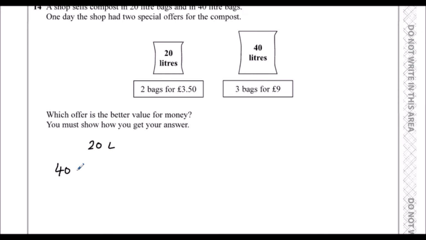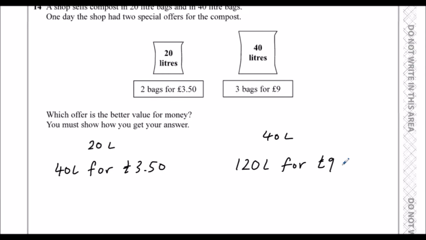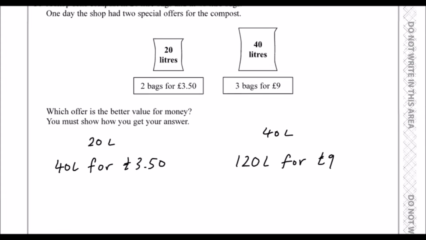So we're getting 40 litres for £3.50. For the 40-litre bags, we're getting 3 bags, which is 3 40s, which is 120. So 120 litres for £9. So which is better value for money?